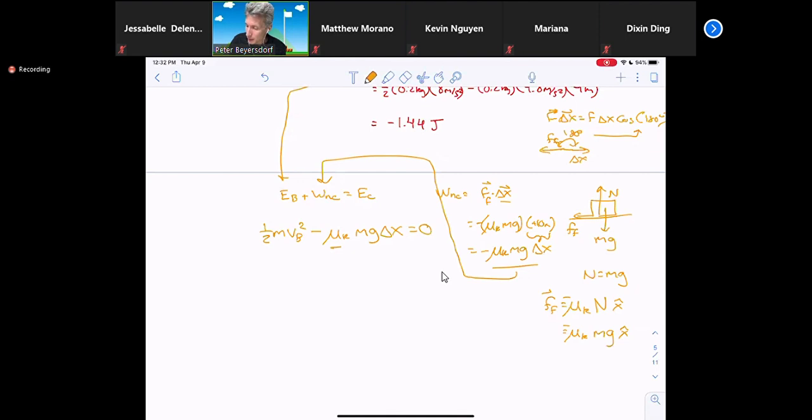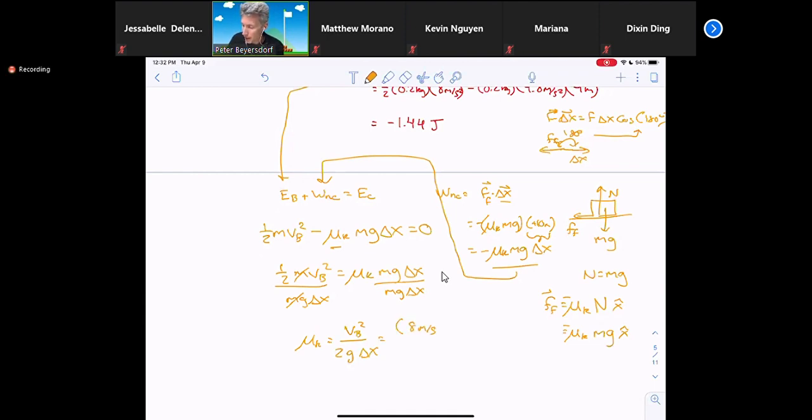So the first thing I can do is just bring the negative term over to the right side. And then I'm going to divide both sides by mg delta x. When I do that, the m's cancel out, and I'll get an expression for mu k that looks like vb squared over 2g delta x.